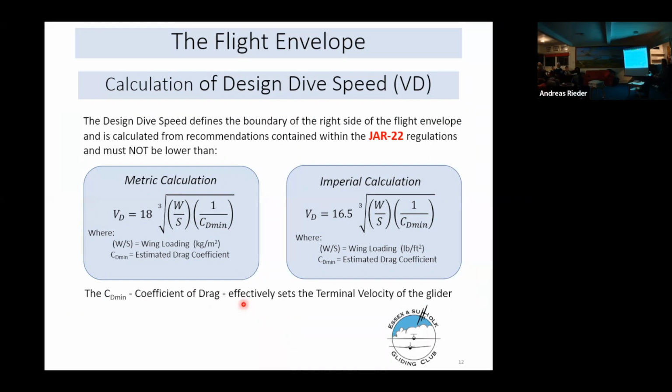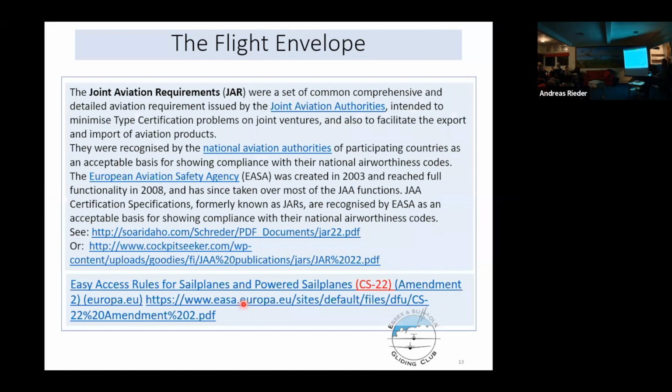If you want to know more about JAR22, there's a load of information on Wikipedia and you can click any of these links, which will give you further information. You can also download CS22 from this website. Just search for CS22, you'll find lots of links. Or I can give you this.